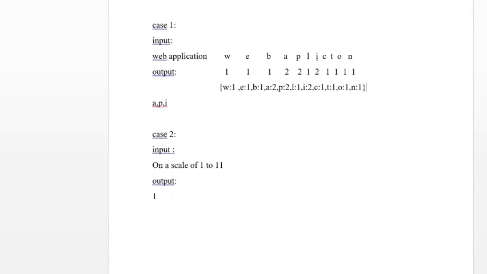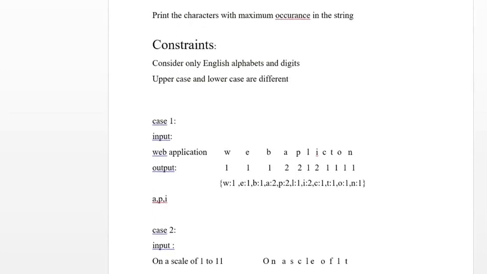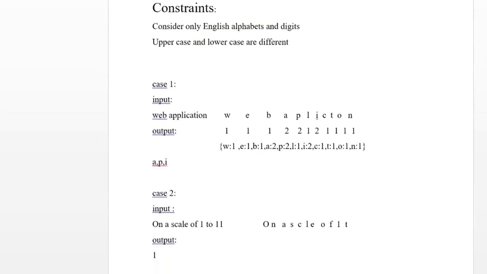Here we have "On scale of 1 to 11". Let's take each character: capital O, N, A, S, C, L, E, O, F, 1, T. Here we can see that capital O and small o are taken as two different characters, as it's given that uppercase and lowercase are different.